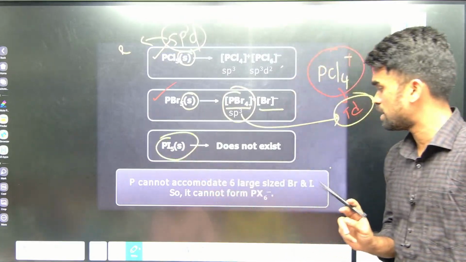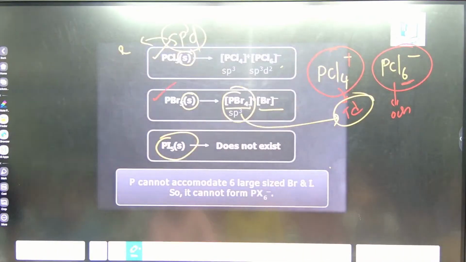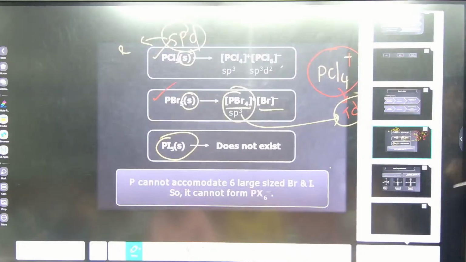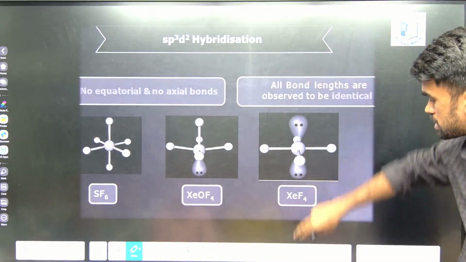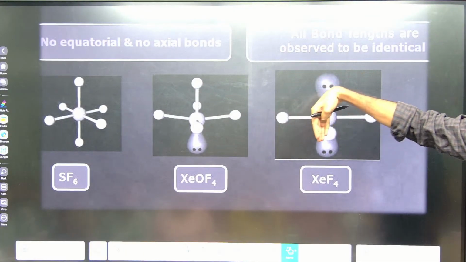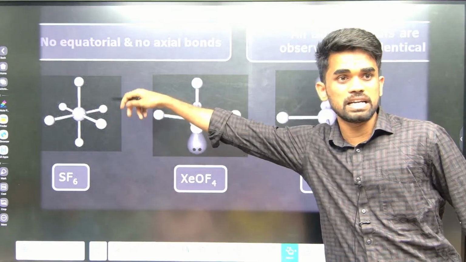What I am saying, PI5 cannot exist. SF6 means octahedral, we discussed.